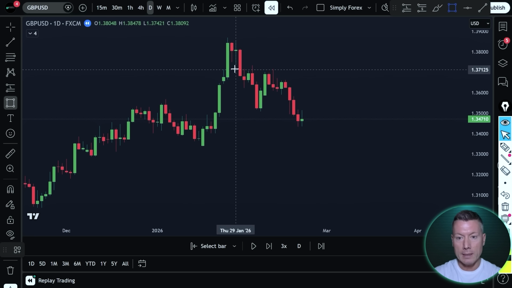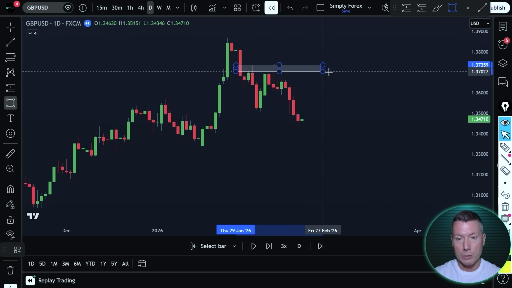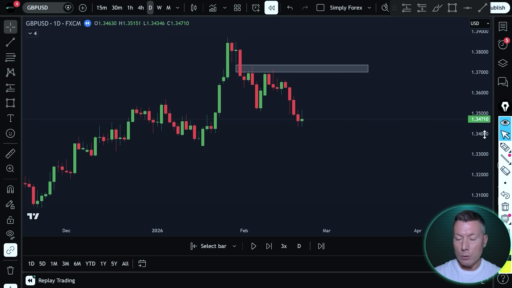So you can clearly see, I'll add this level up here, but you can clearly see there's a level through here, right? And all I'm looking for is price to hit a level a few times, okay? So there's a support and resistance level, right? The next one is in here. You can see this low here on the chart, but you can also see these to the left.